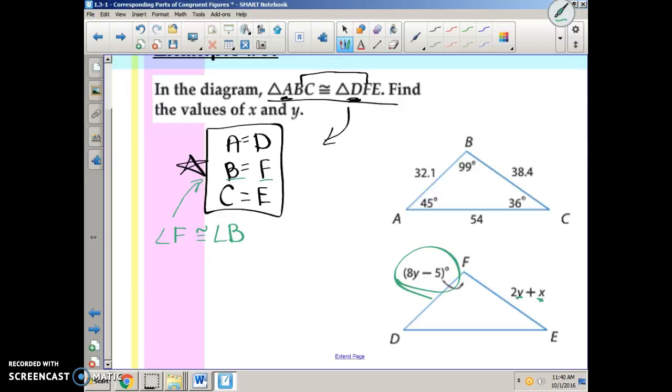Done. So I'm going to write that out first, and then I'm going to start to fill in what each of those things are. It tells me in the picture that angle F is 8y minus 5, so I'm substituting, good vocab word, into that one. Angle B is 99. Okay, so that's my start of my equation. From there, it's your basic algebra, so I'm just going to zoom through that to save us a little bit on time.